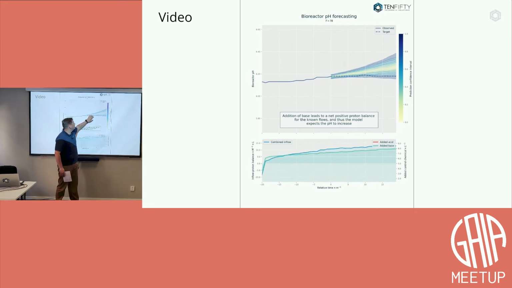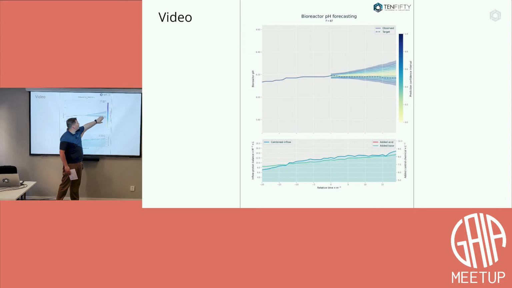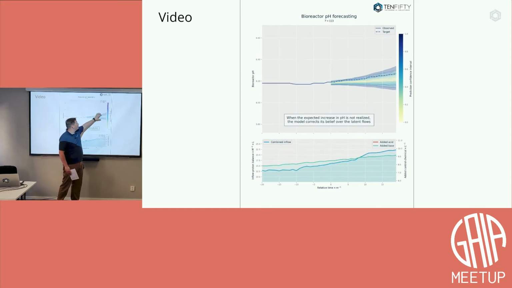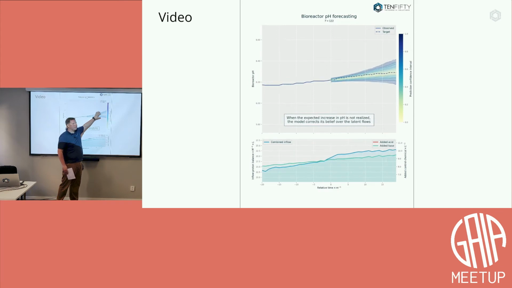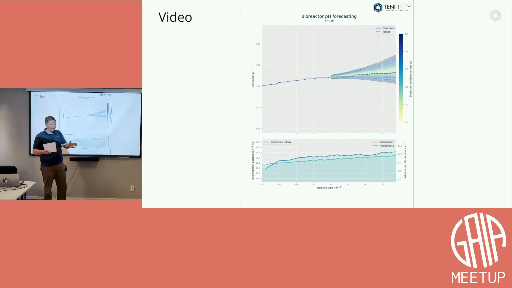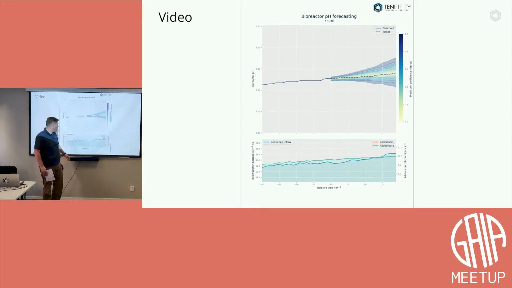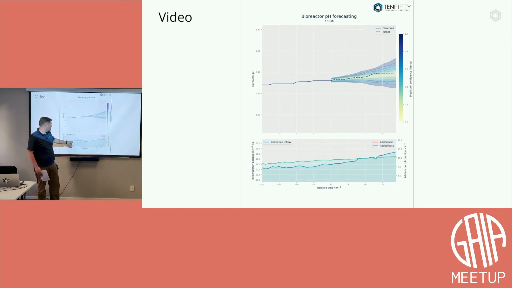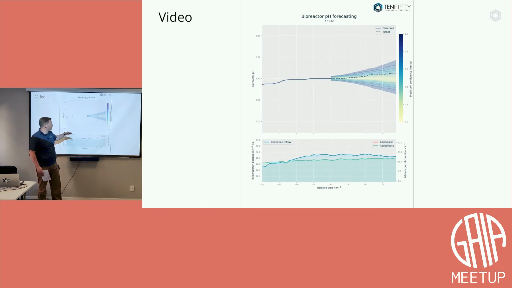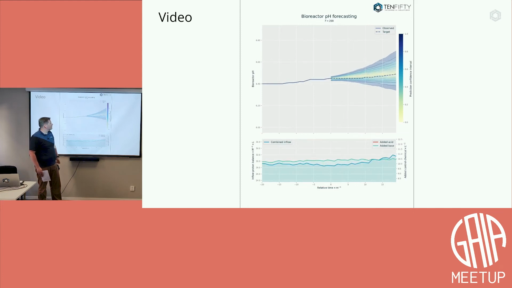You can see that right when I pointed here it went off, but otherwise we're usually in this high probability area, and then depending on what uncertainty you can accept, you can have a wider or smaller prediction. And here is what's happening on the input side. I was probably in the way when the base started to increase, and you should see that the prediction soon after started to wear off.